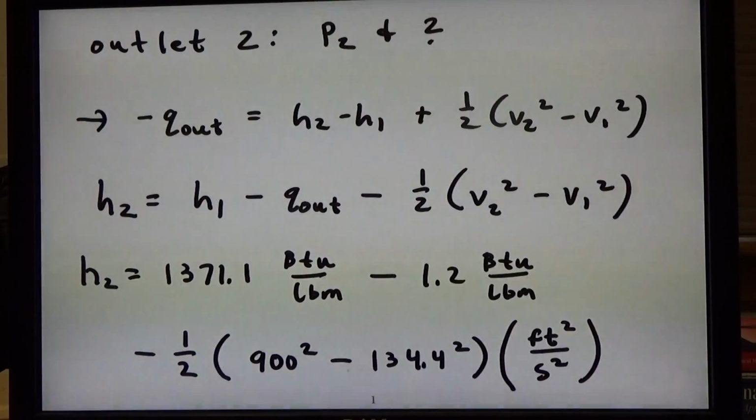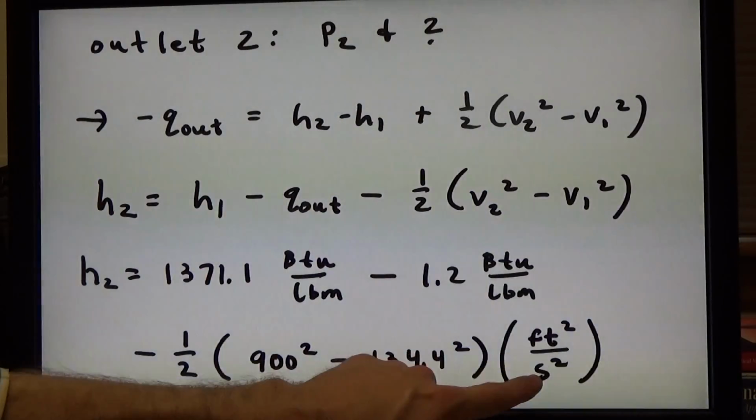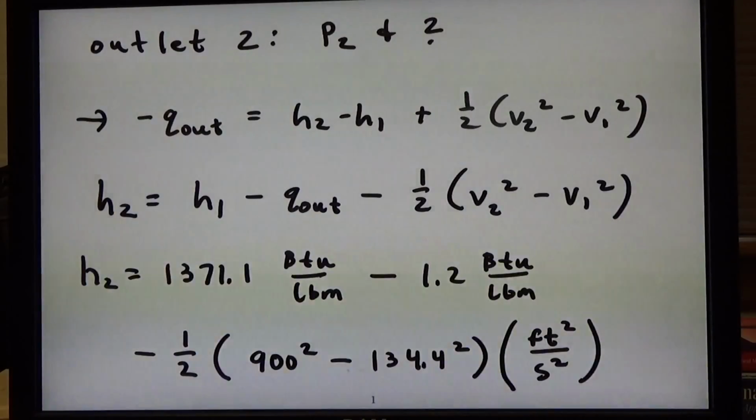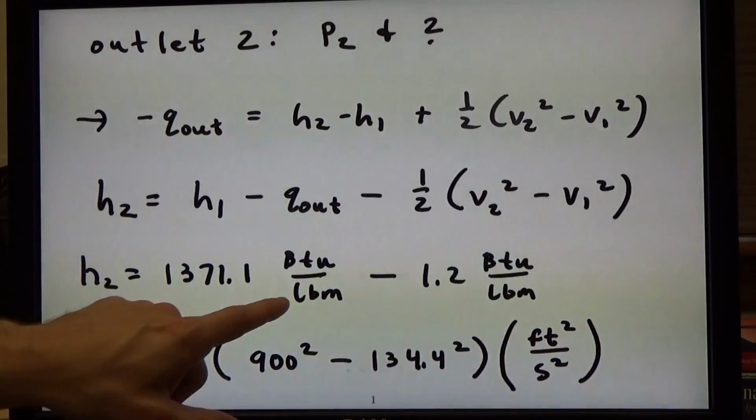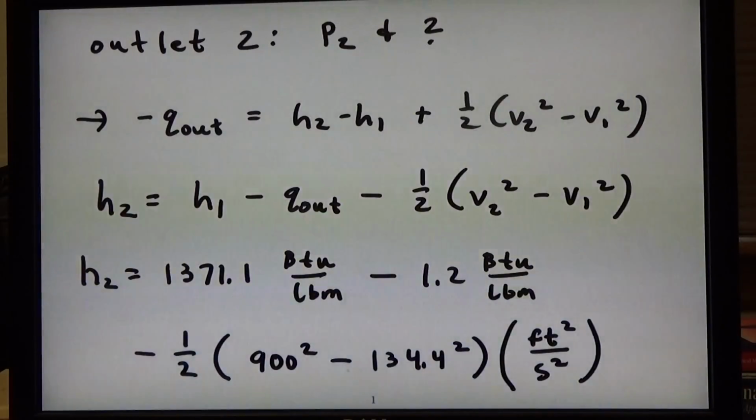Alright, not actually seeing anything useful at the beginning of the book. So I can just go ahead and give you this conversion between feet squared per second squared and BTU per pound mass. This is probably just something we can look up on Google, or we can try to convert BTU into a different energy unit and then see how it relates to feet and seconds.